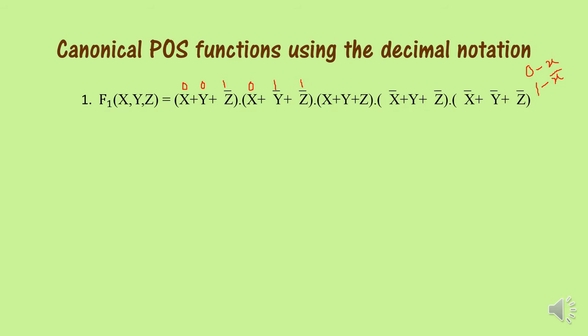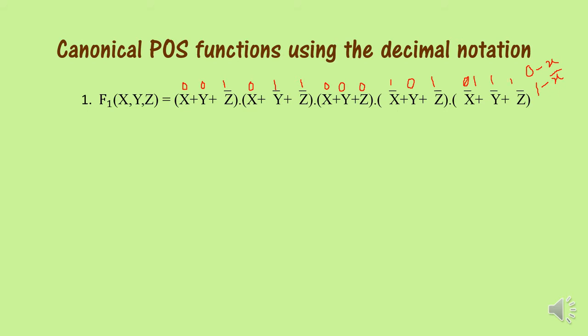Next expression x plus y plus z: all three variables are represented by 0, 0, 0. Next expression x bar plus y plus z bar: x bar is 1, y is 0, z bar is 1. Next is x bar plus y bar plus z bar: all three variables are represented by 1, 1, 1.